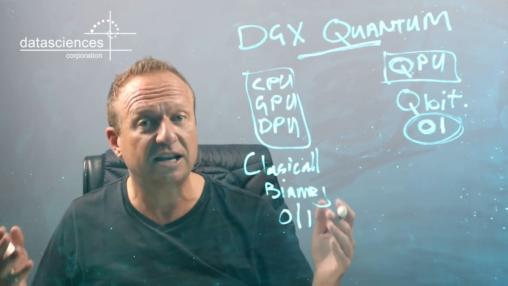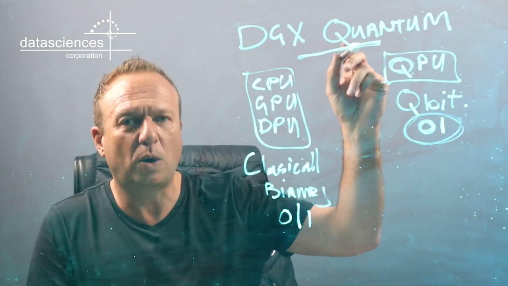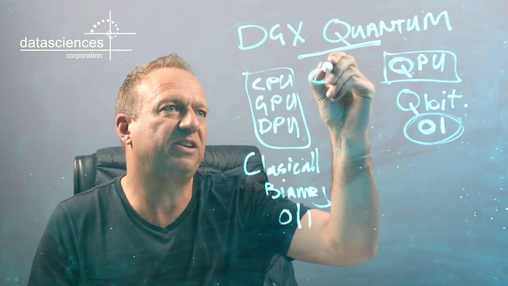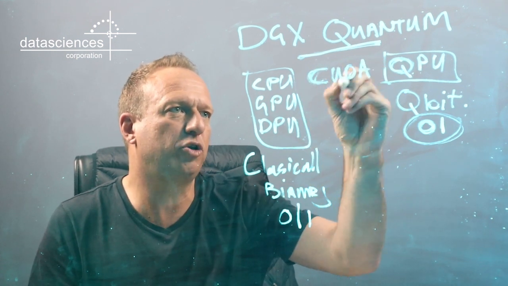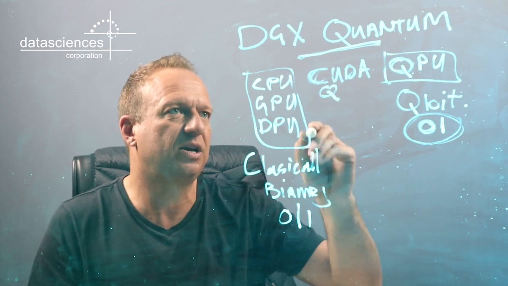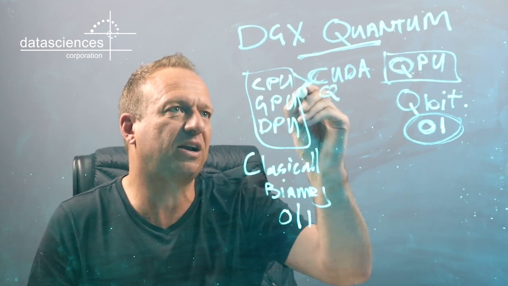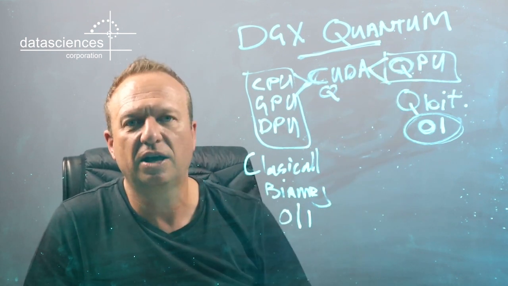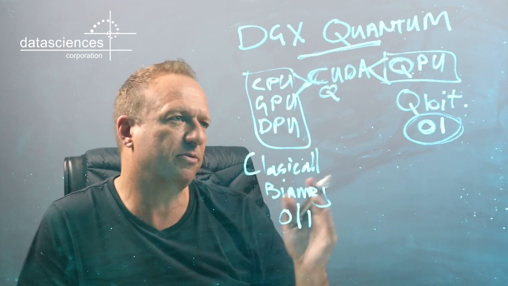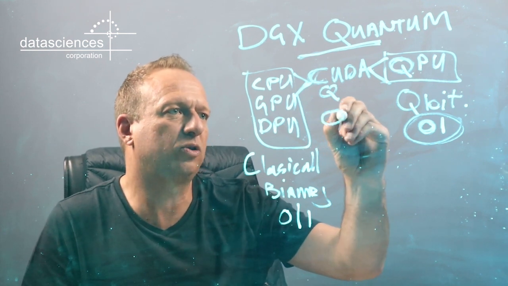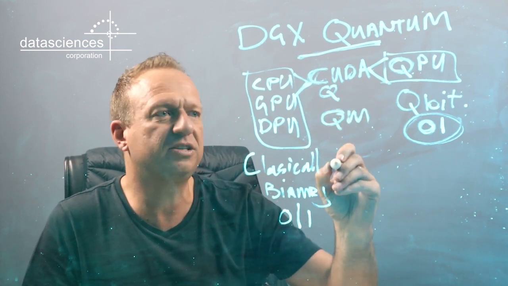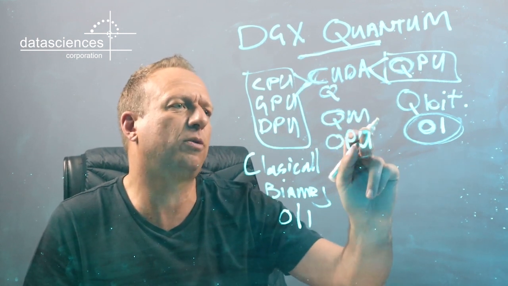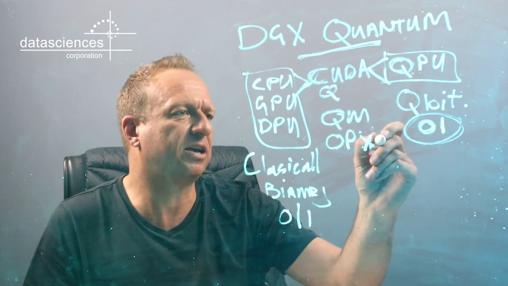So they've released at the latest GTC the DGX Quantum, which is effectively a software package where we can take CUDA Quantum, which is an open source package that allows the classical world to be interconnected and interfaced into a quantum computer. And they're partnering with another crew called Quantum Machines, and Quantum Machines have a unit which is effectively a quantum controller, and that is the OPX controller.